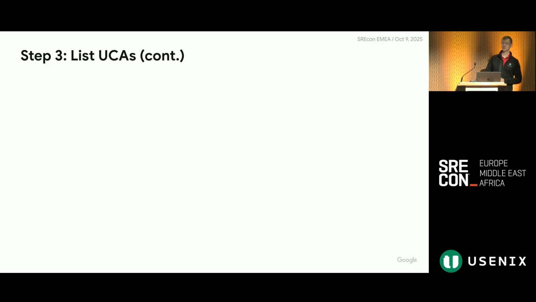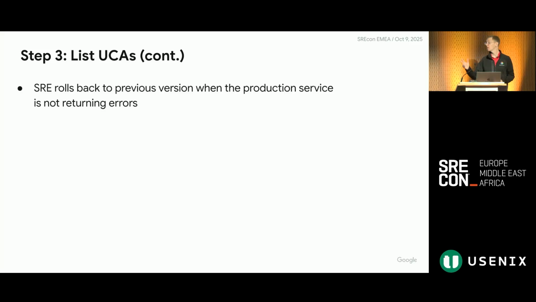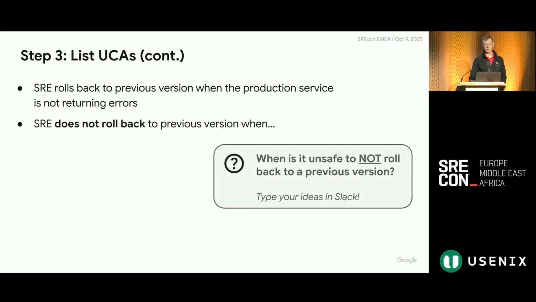All right, you can also have a UCA where the controller doesn't take a control action. So here's our example UCA from the previous slide. SRE rolls back to previous version when the production version is not returning errors. Looking at this UCA, is there a similar UCA where the SRE does not roll back?